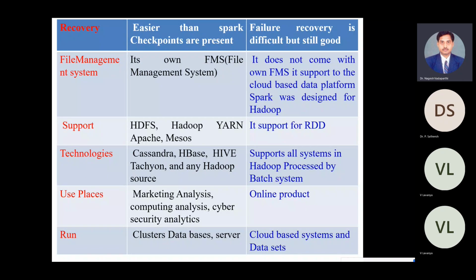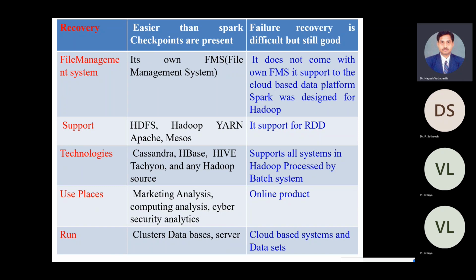It supports cloud based data platforms. Spark was designed for Hadoop. So there is no concept of a file management system. Everything we are taking from the cloud as infrastructure as a service.